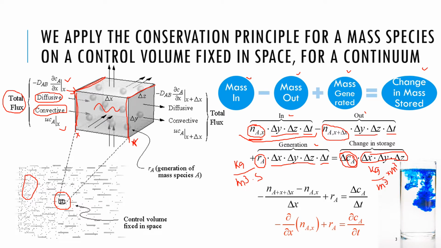So every term now is in kilograms, and the equation is balanced. Note that I left them as total flux NAX. Rearranging the terms and dividing throughout by delta X, delta Y, delta Z, delta T, I get this equation.